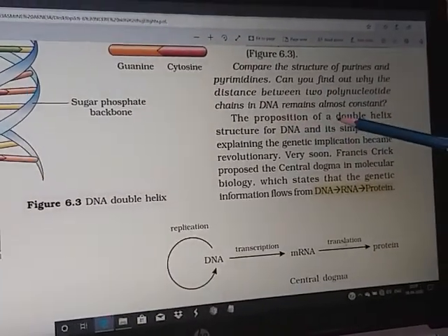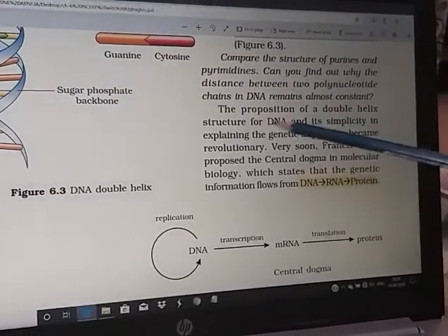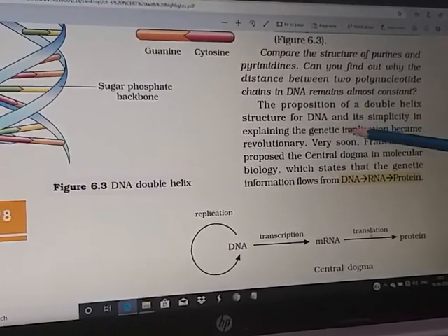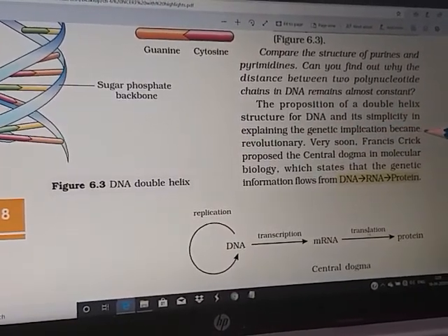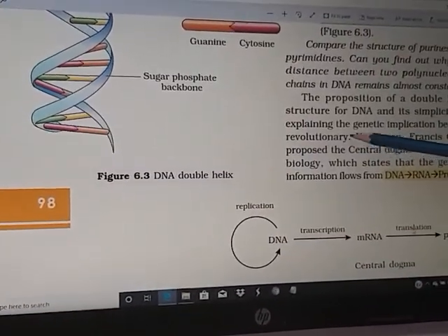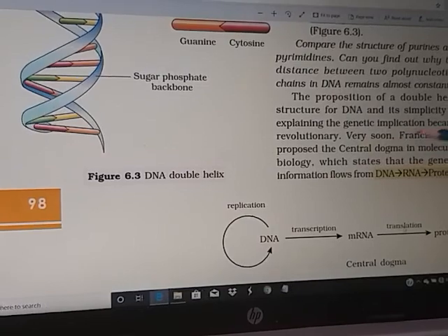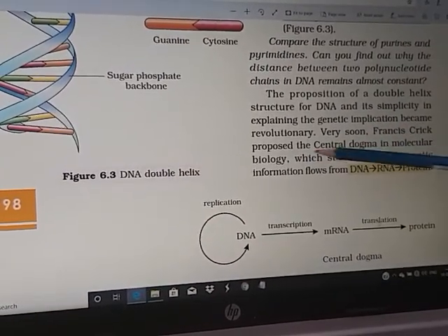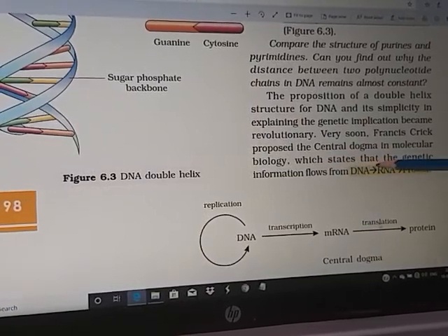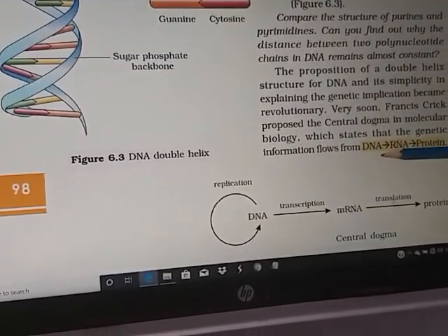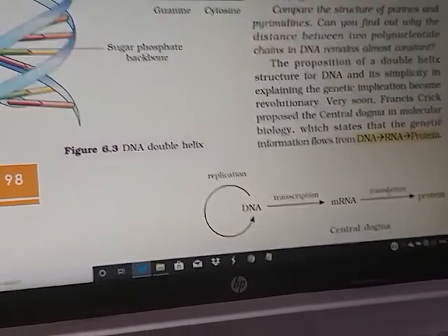The proposition of a double helix structure for DNA and its simplicity in explaining the genetic implications became revolutionary. Very soon, Francis Crick proposed the central dogma in molecular biology, which states that the genetic information flows from DNA to RNA to protein.